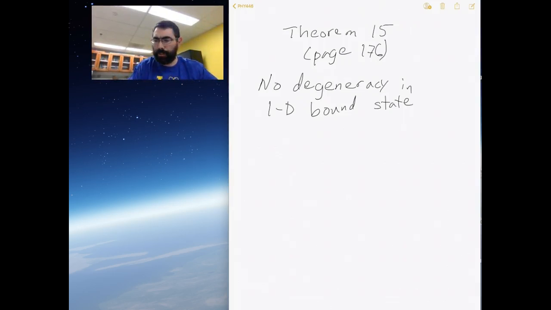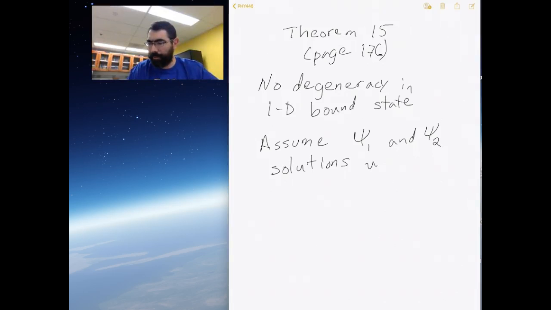Now, to show that, let's assume that we have two wave functions, psi1 and psi2, and both of them are solutions to Schrodinger's equation with the same energy eigenvalue. Okay, so what does that mean?